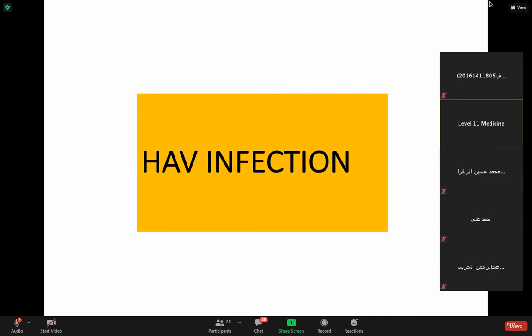Someone is asking, does liver transplantation treat chronic hepatitis? This is a good question. We don't usually transplant people when they have chronic hepatitis. We transplant them when they have liver cirrhosis.